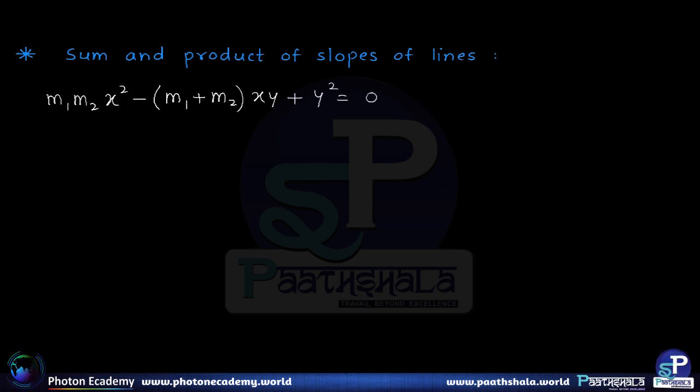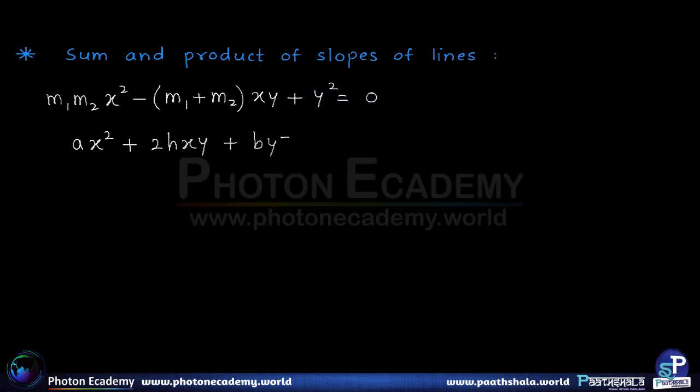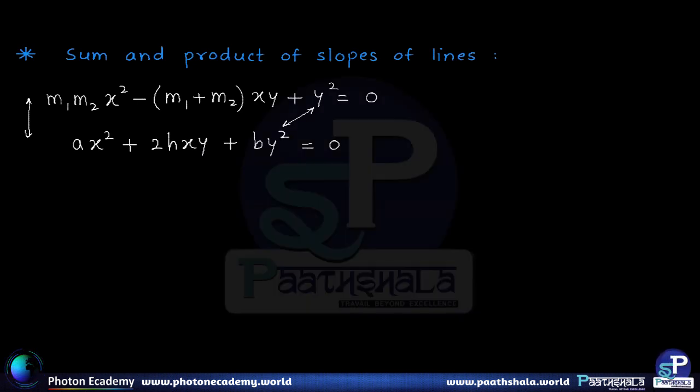But we have also seen that the same pair of lines can also be described by the equation ax square plus 2hxy plus by square equal to 0. Now that means we have to match these two equations and compare the terms. If you observe, there is one minor difference in the case of y square, because the coefficient of y square is 1 in the first equation, whereas it is b in the second equation.